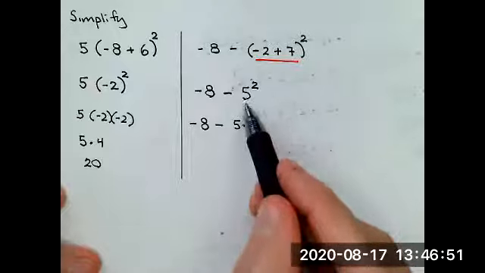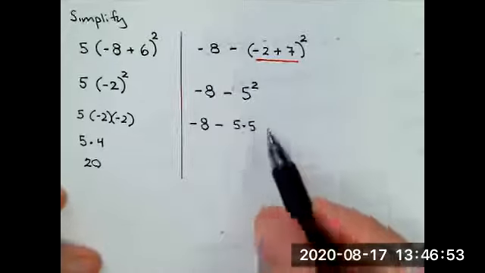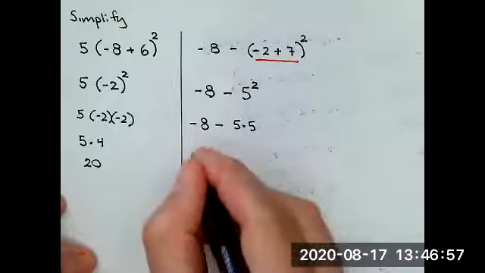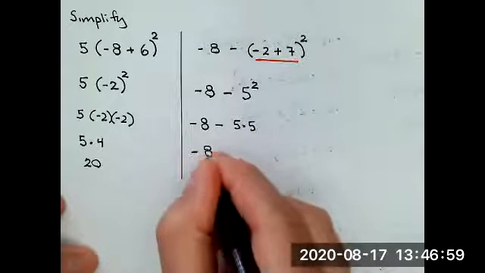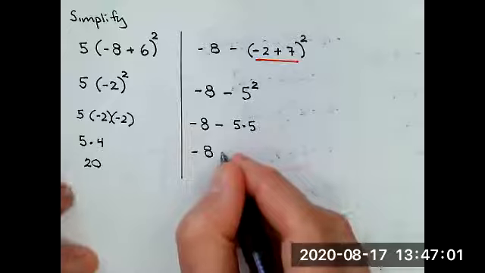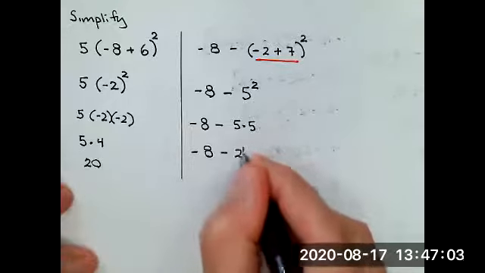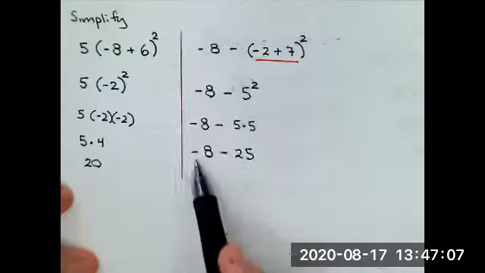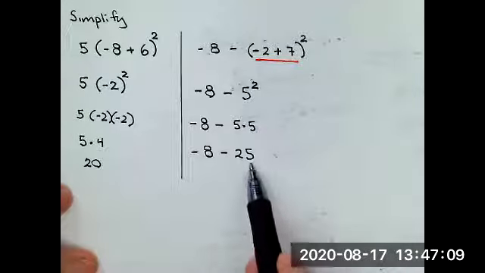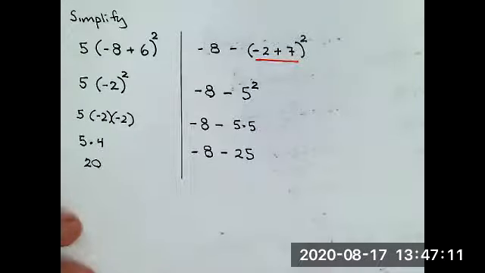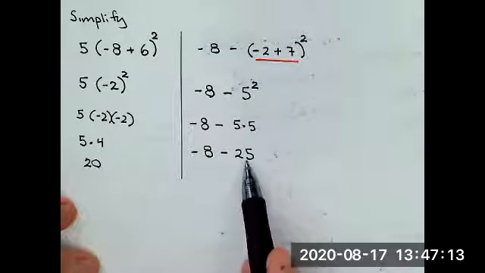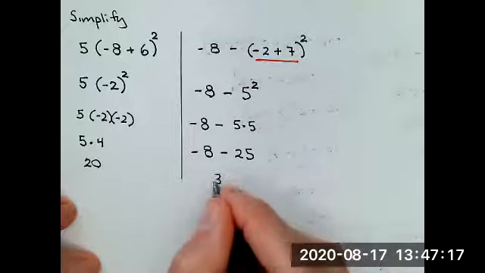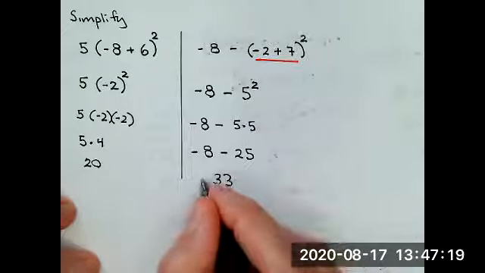Only the 5 gets repeated. 5 times 5 is 25. So it's negative 8 minus 25. Or you can rewrite it as negative 8 plus negative 25. So it's a negative plus a negative. We're going to find the sum, but we keep the sign.